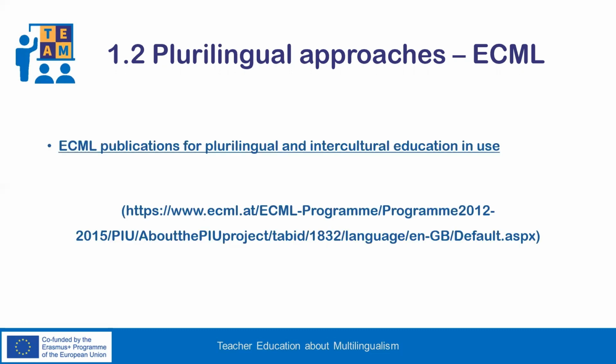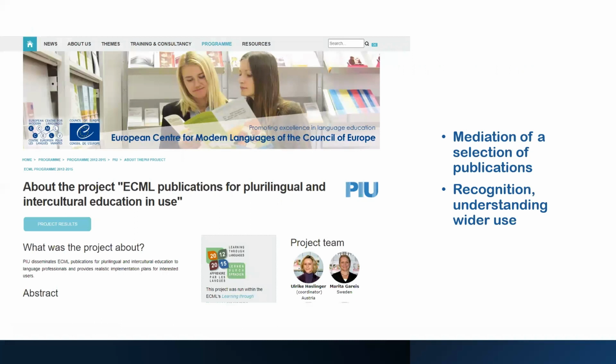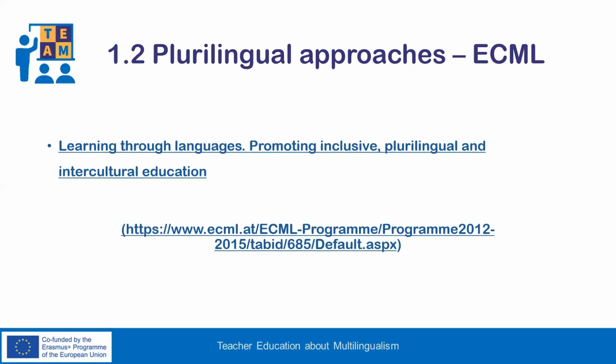The first project is called ECML Publications for Plurilingual and Intercultural Education and Use. The aim of this project is the mediation of a selection of ECML publications for plurilingual and intercultural education, as well as a better recognition, a deeper understanding, and a wider use of such publications.